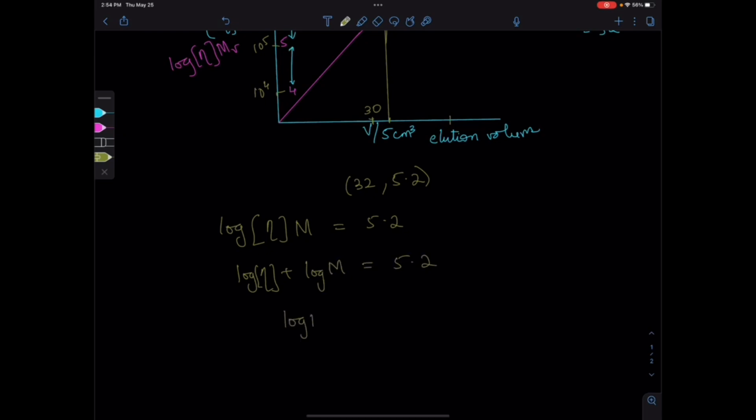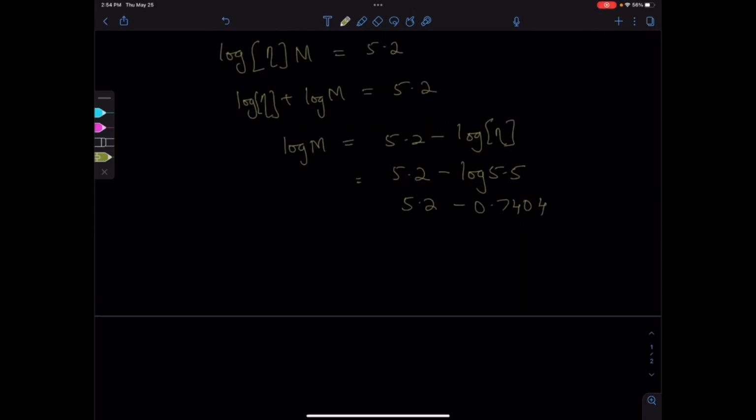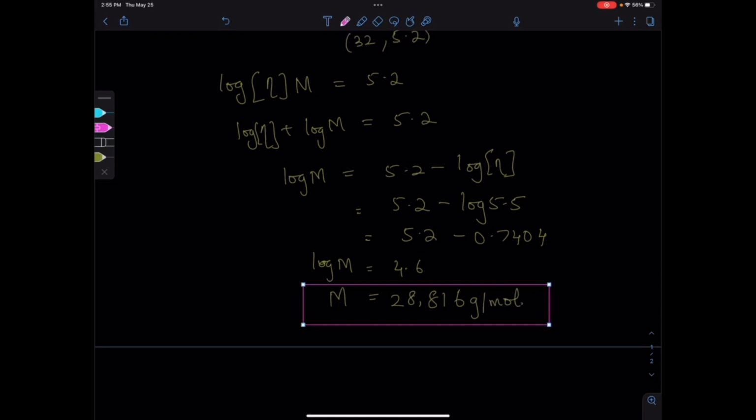So log of M is equal to 5.2 minus log of eta, which is 4.6. So log M is 4.6. So M is equal to 28,816 grams per mole. So that's the molecular weight.